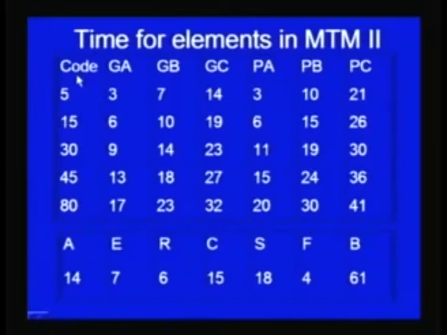The codes indicate the different distances travelled; code 5 is used if the distance to be travelled is 0 to 5 centimeter by a particular body part.